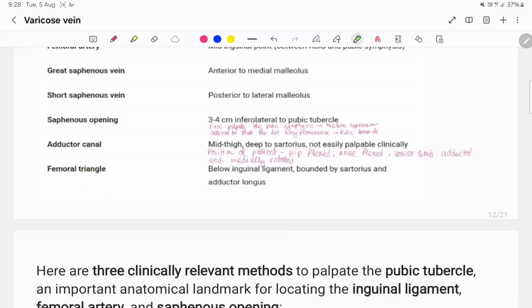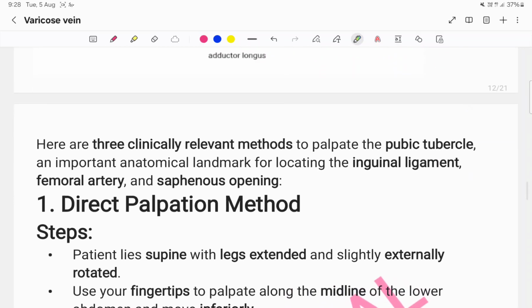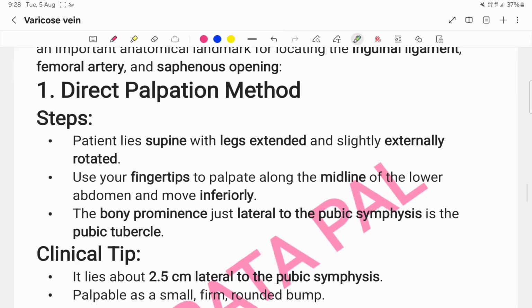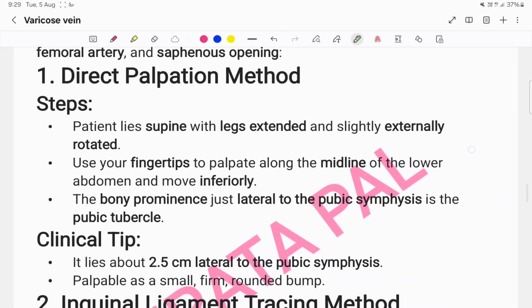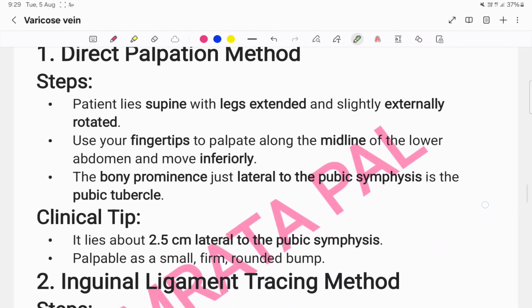Next, the femoral triangle. It is present below the inguinal ligament, bounded by sartorius and adductor longus. Next, the methods of palpation of the saphenous opening, femoral artery and so on, for which we first need to palpate the pubic tubercle. Now, direct palpation.